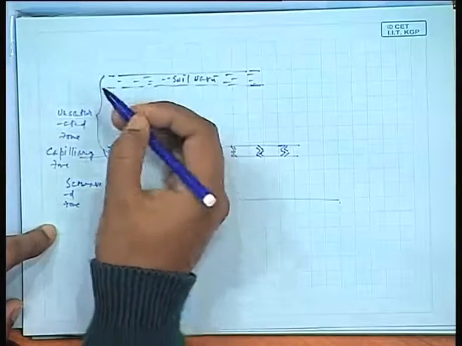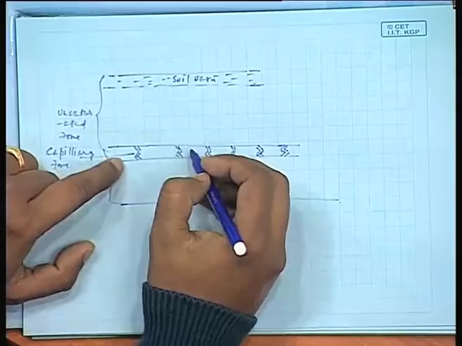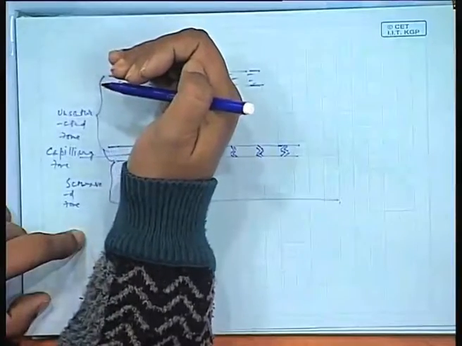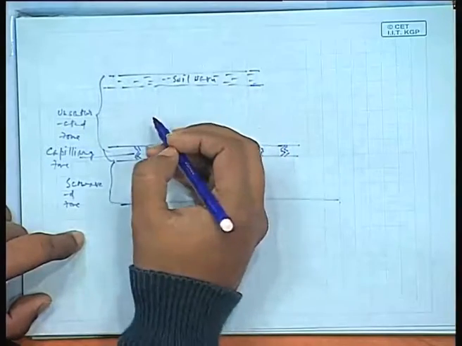Due to capillary pressure, the water will move generally upwards from the saturated zone towards the unsaturated zone.